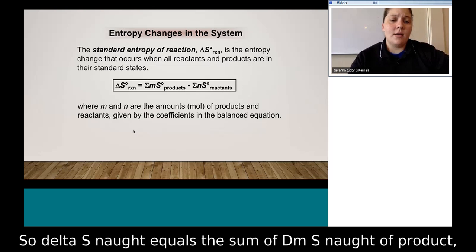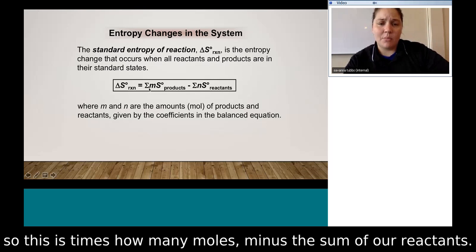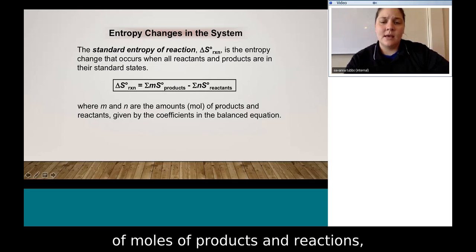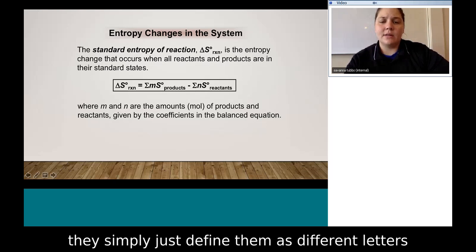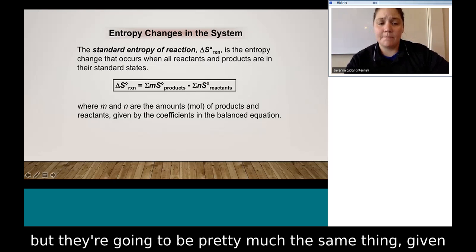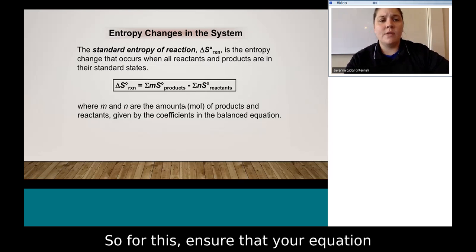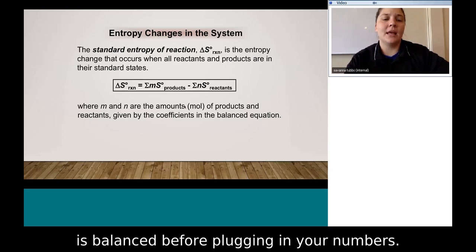So delta S naught equals the sum of m times S naught of products, so this is times how many moles, minus the sum of n times S naught of reactants, where m and n are both the amounts of moles of products and reactants. They simply define them as different letters, but they're pretty much the same thing, given by the coefficients of the balanced equation. So for this, ensure that the equation you're using is balanced before plugging in your numbers.